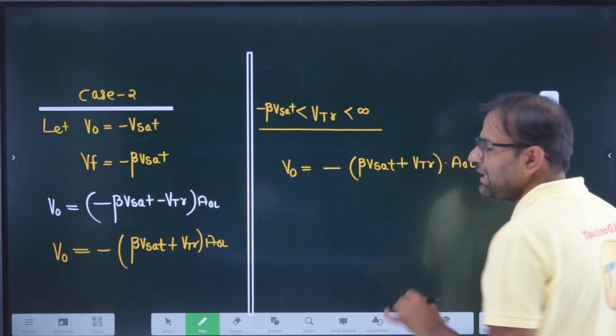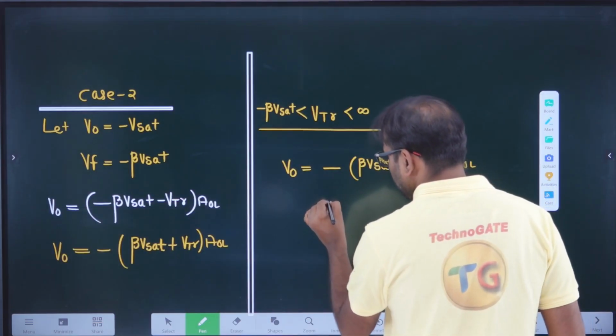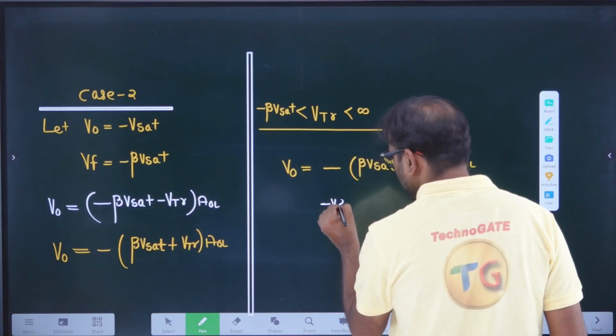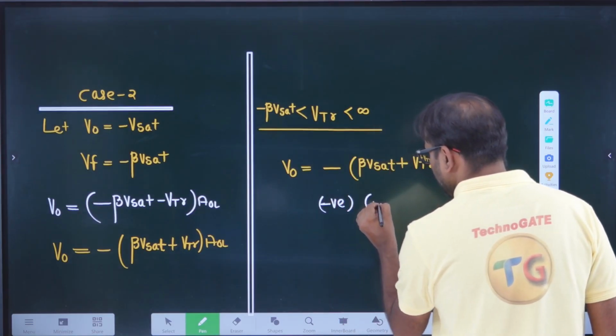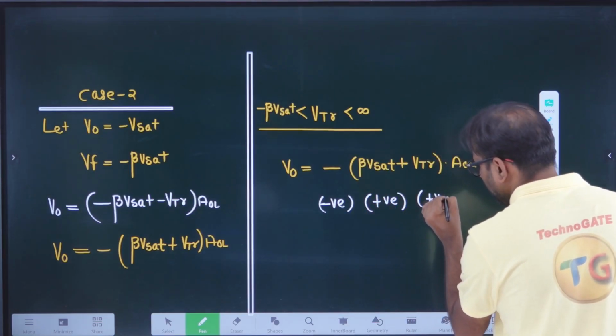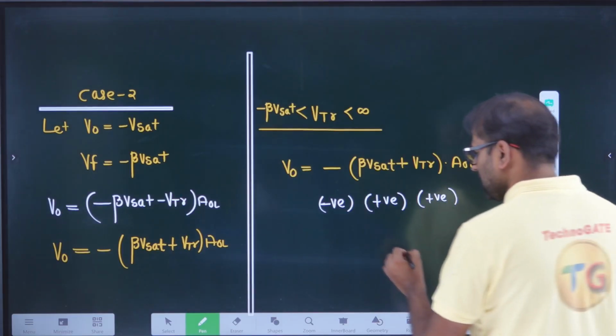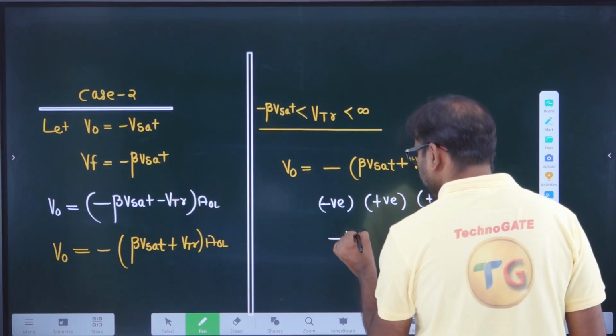This equation will derive your output, and here this value is negative, this value is positive, and this value is again positive. The multiplication of two positive and one negative number is a negative number, so this whole value will be negative.